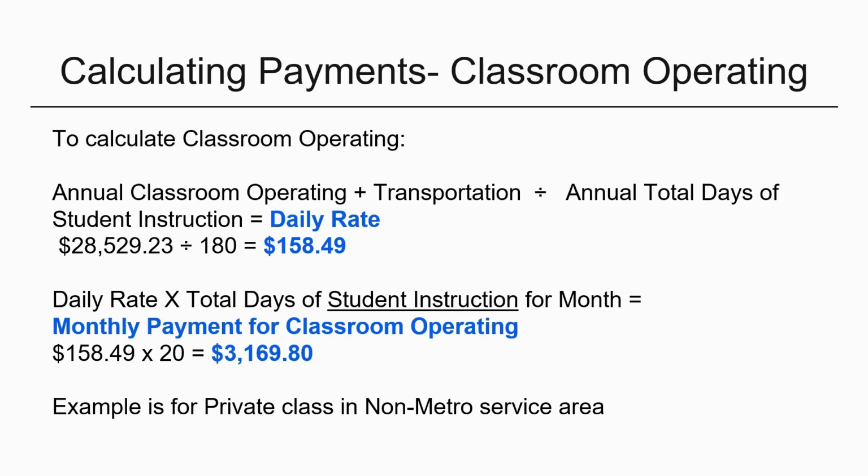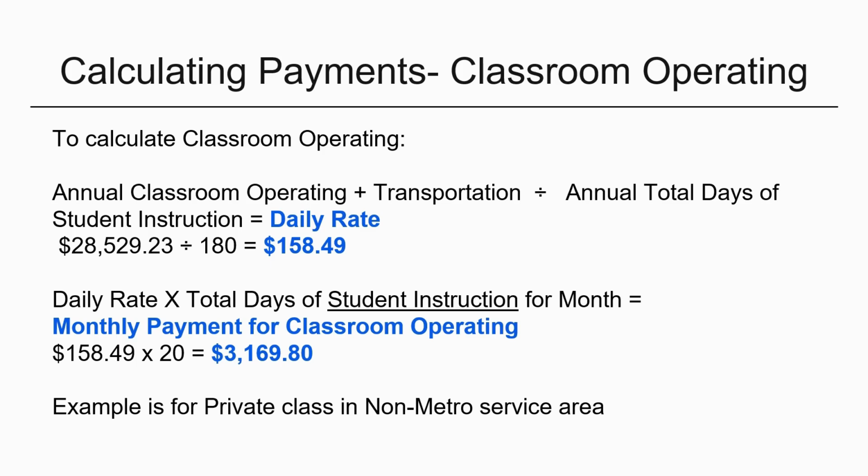So in this example, $28,529.23 is divided by 180 student days for a daily operating expense payment of $158.49. So let's take that daily rate down to the next step.